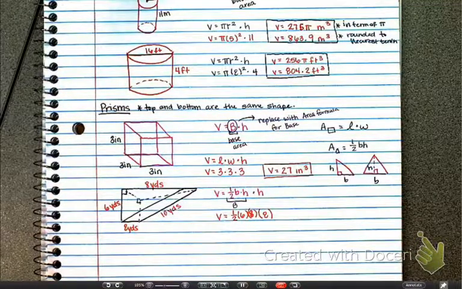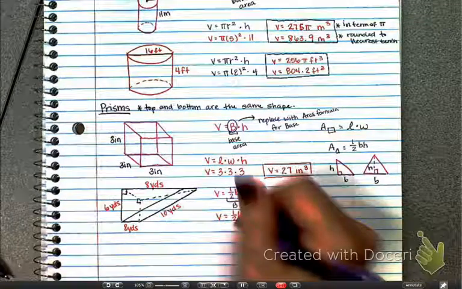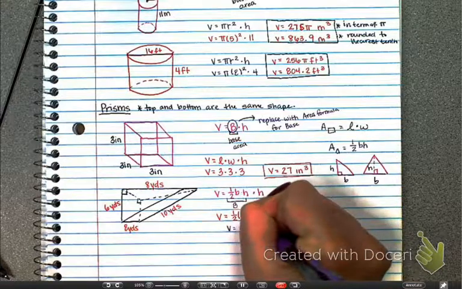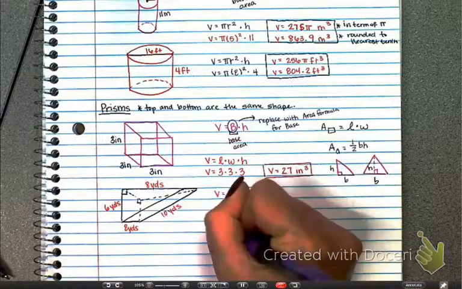That's another 8. 6 times 8 times 8. So in your calculator, 6 times 8 times 8 divided by 2 gives you 192 yards cubed.